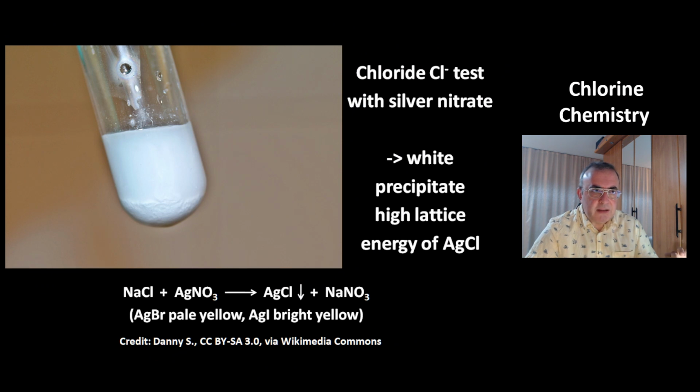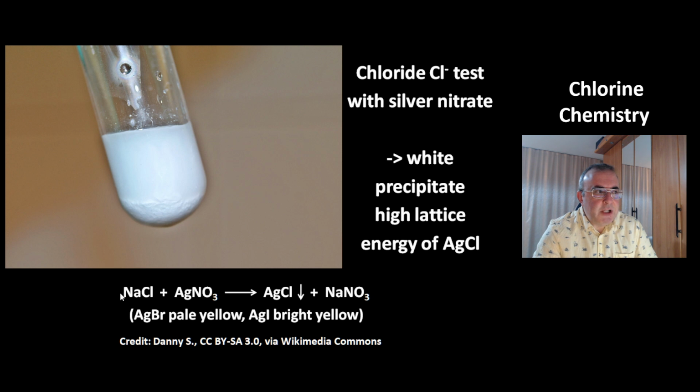If you want to test a substance for chloride, this is how you do it with silver nitrate. If your mixture contains chloride, then you will get a white precipitate of silver chloride, which is very stable because it has a high lattice energy. So the silver and the chloride ions fit nicely together and build a stable structure.